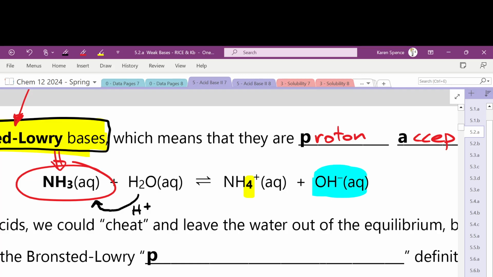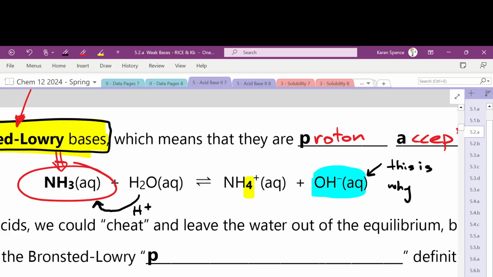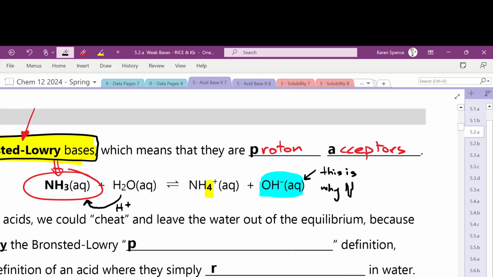We ended up with OH minus, and this is why ammonia is a base. Okay, because it releases hydroxide upon reacting with water.